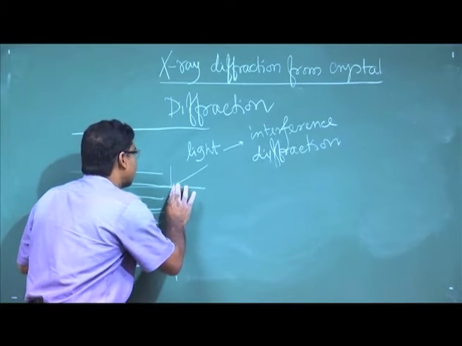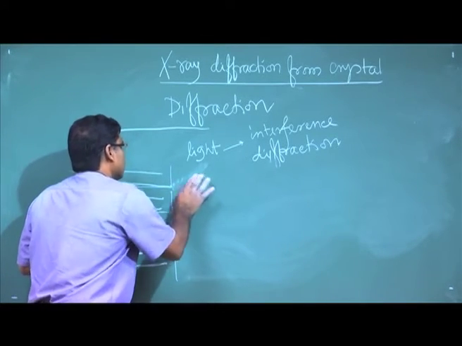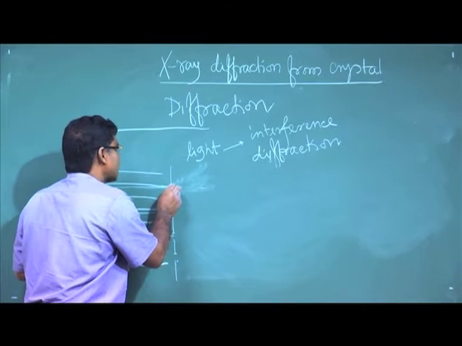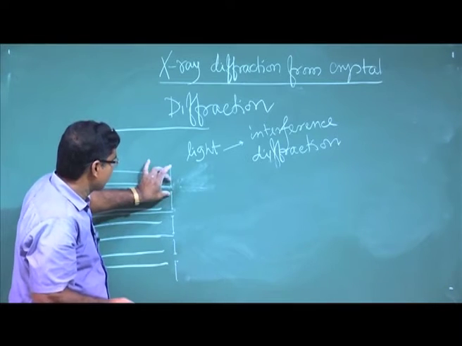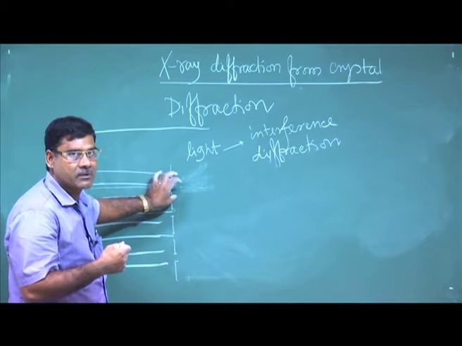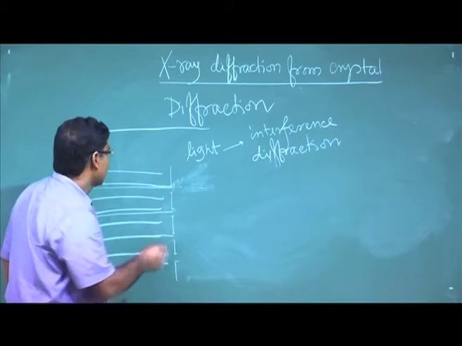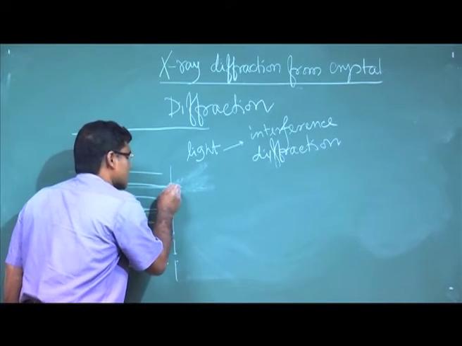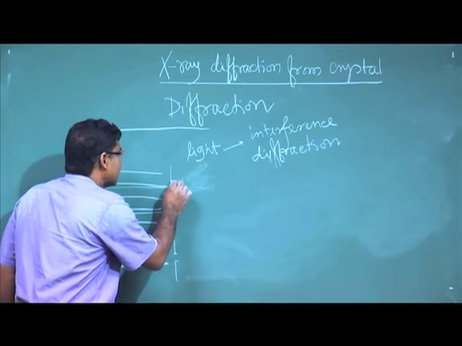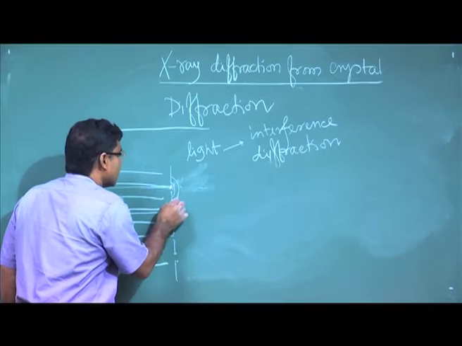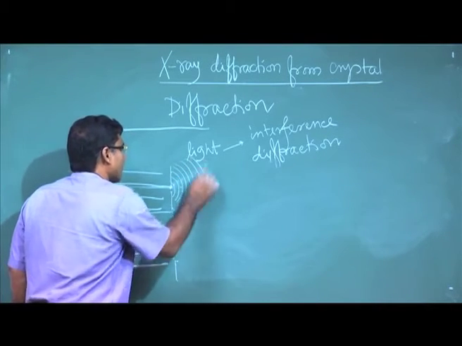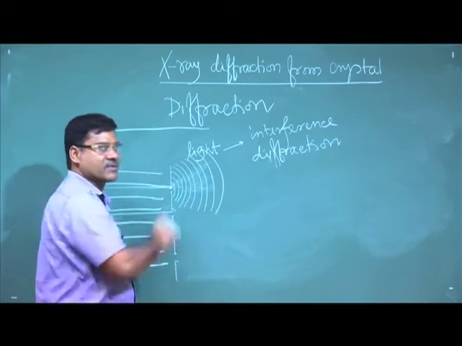What we say is that whenever the wave comes here, it faces some obstacle. Although the hole is there, the wavelength is comparable to the hole. So the hole acts as a source and generates waves.